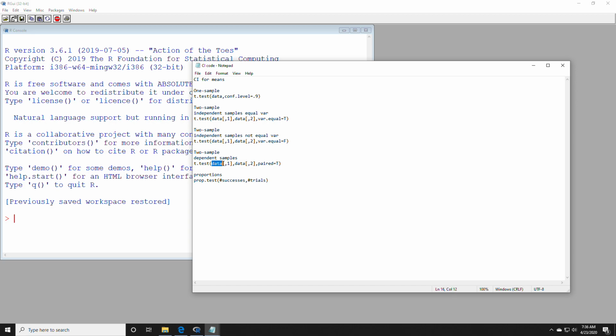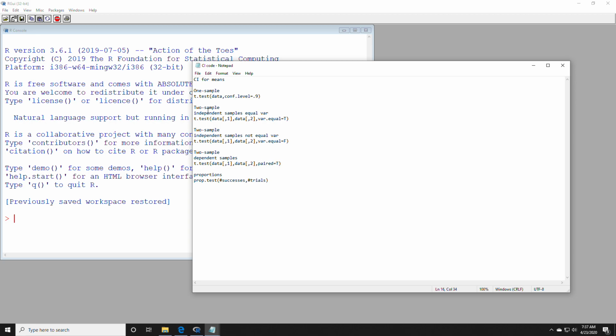So that could look like something like this, or if it's a data set that you have attached, then you might be able to use a column label for these two things instead of something like data[,1], data[,2], okay? So it could just look like a column label if you have attached your data set. But in either case, if you've determined that the samples are dependent or matched pairs, you just simply have to add paired equal to true.